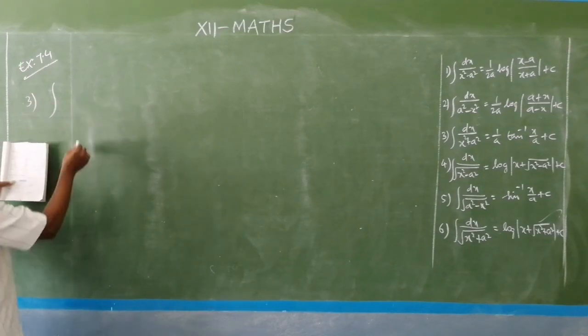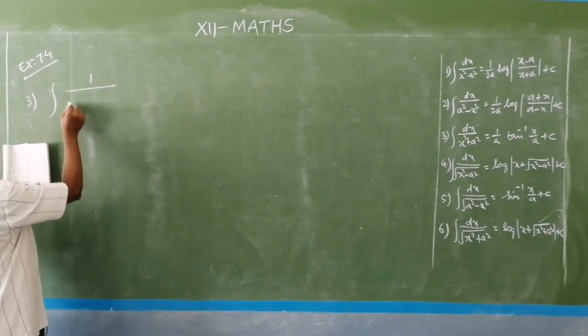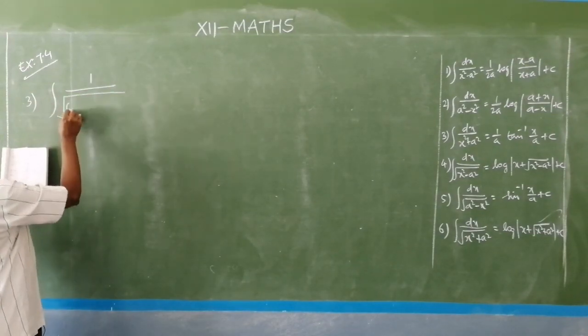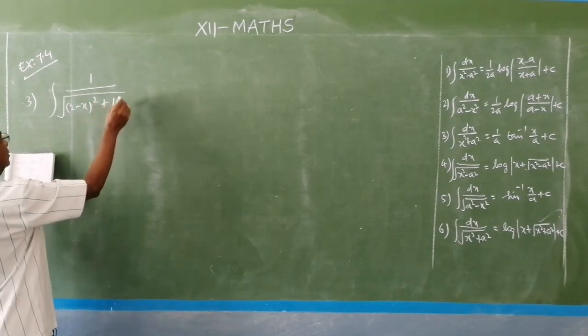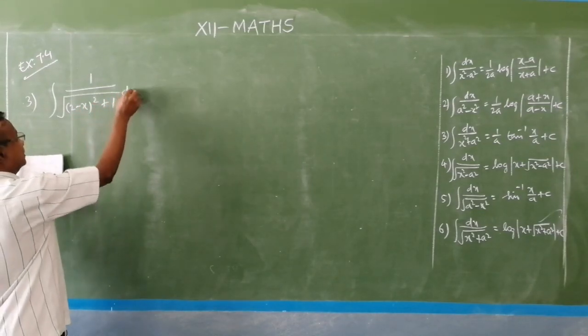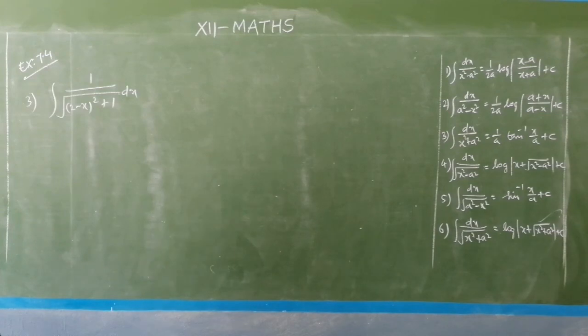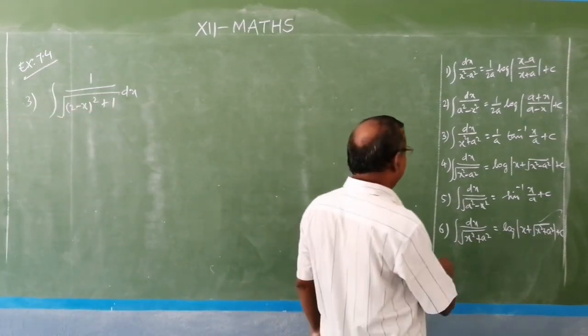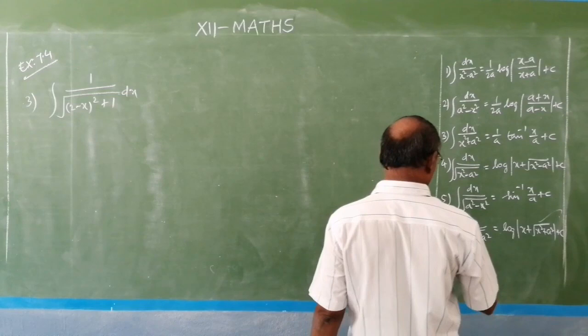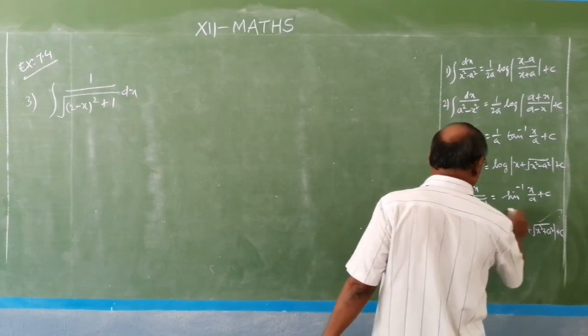Integral 1 by root of (2 minus x) whole square plus 1 into dx. Look here, this is the root of x square plus a square formula, number six.